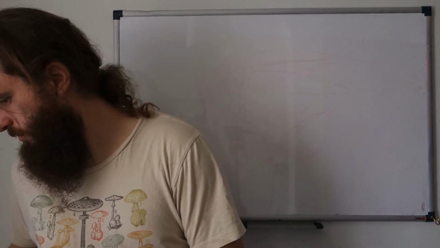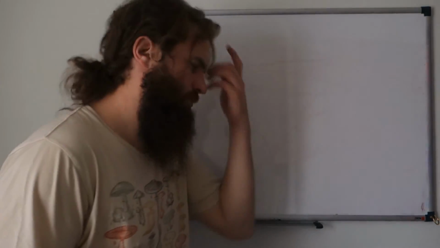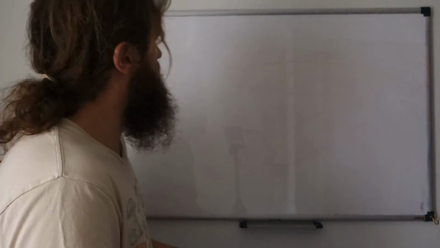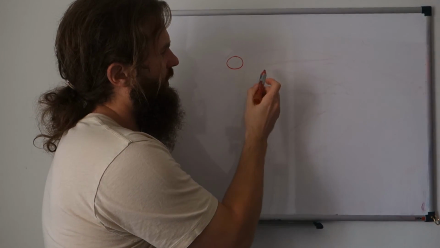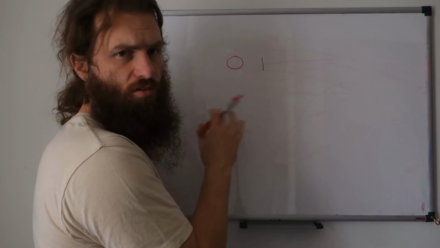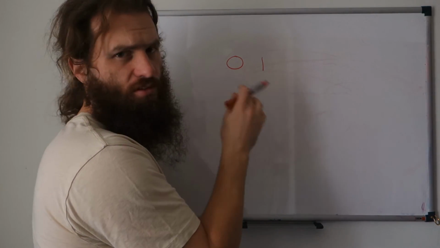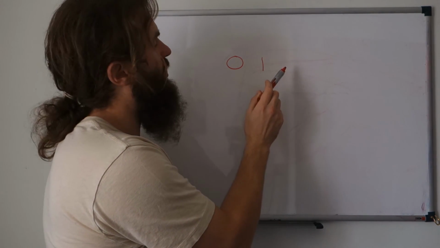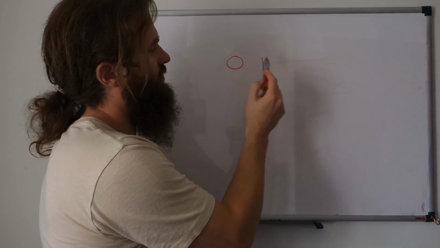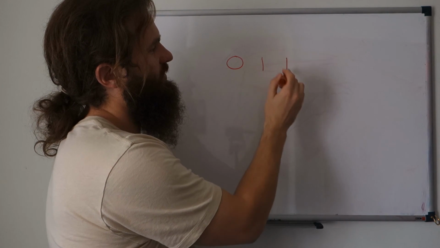So what is a Fibonacci number? Fibonacci numbers are the following sequence. It starts with the pair 0, 1. They're the first 2 Fibonacci numbers, and that's how it's defined. The next Fibonacci number is defined as the sum of the previous 2. So the sum of 0 and 1 is 1, so that's the next Fibonacci number.